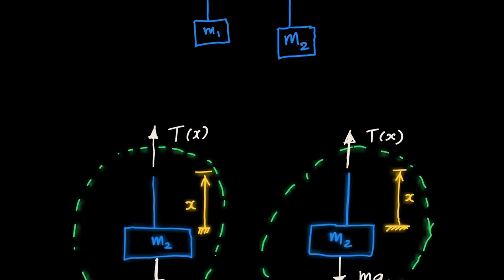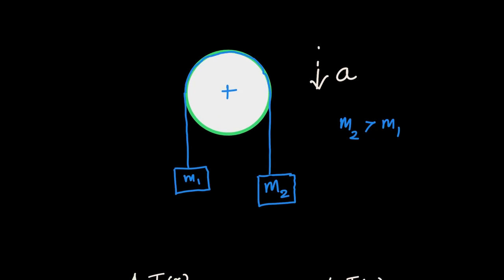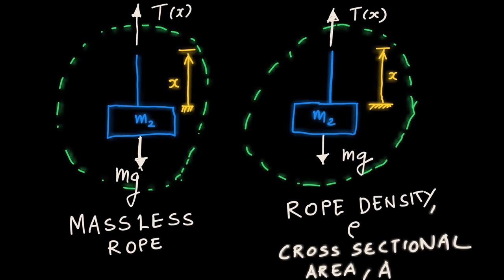Now, I'm interested in this portion of the system alone, and I'm drawing two cases. In the first case, my assumption is that I have a massless rope, and in the second case, my rope is no longer massless, it has a density of rho and a cross-sectional area capital A. So what I have done here is taken a free body diagram of the mass plus x length of the rope.